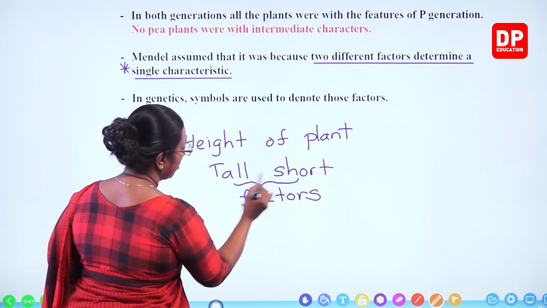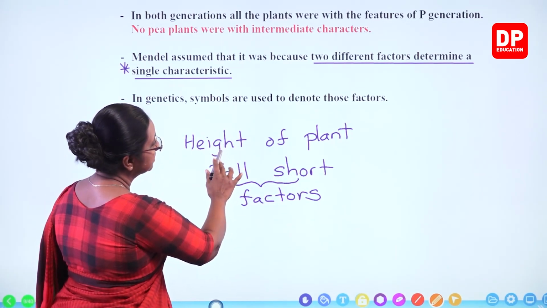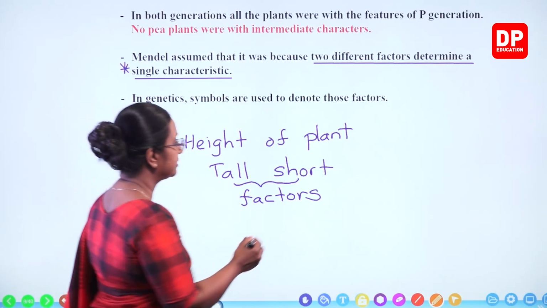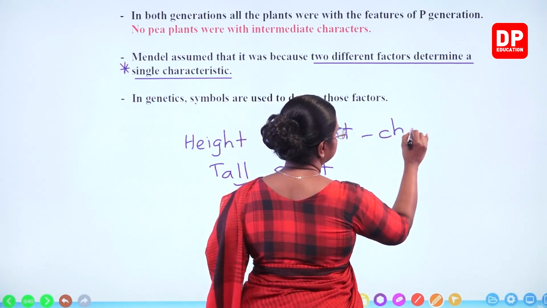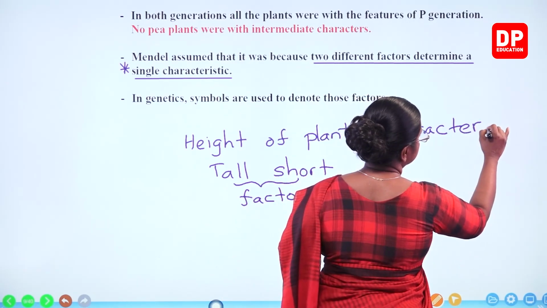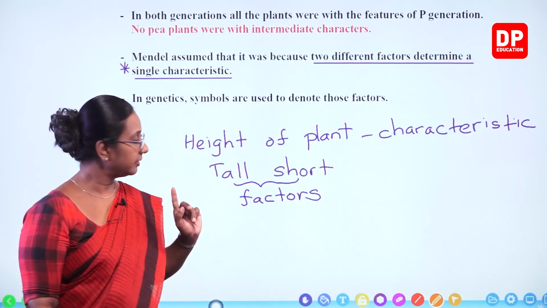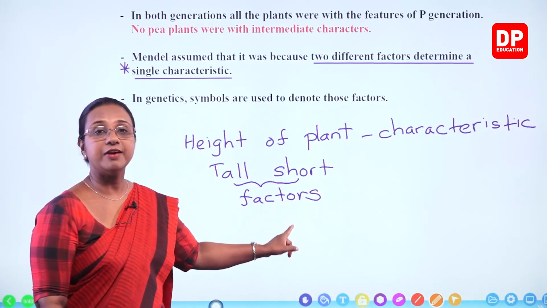These two factors, tall factor, short factor. And that determines the height of plant. That is the characteristic. Height of plant is the characteristic. Tall and short are the factors.